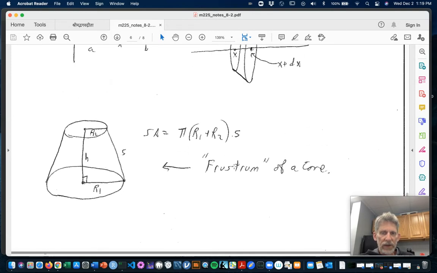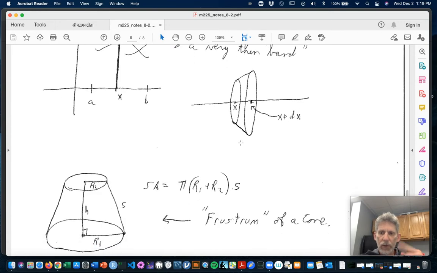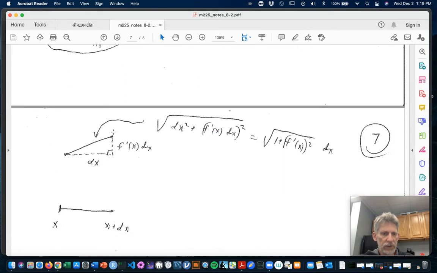So what we would like to do is take a look at our teensy-weensy little frustum here, and I'm going to draw another picture of it, but without the rotation being shown. Okay, so here's my little picture without the rotation. And I'm focusing in on that straight line that I've got above the x and the x plus dx.